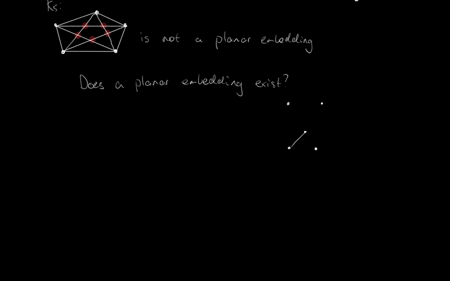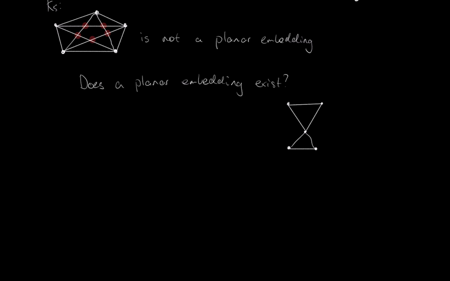So let's say we have a cycle here around these 3 vertices, and then we still have to connect a lot more vertices here. So what I can do is connect those 2 vertices like that. I can connect that.